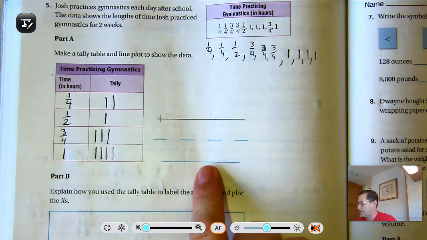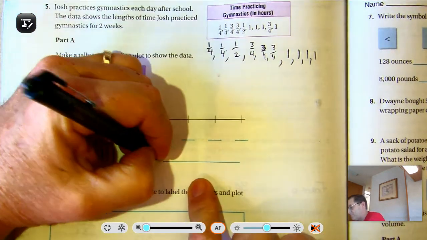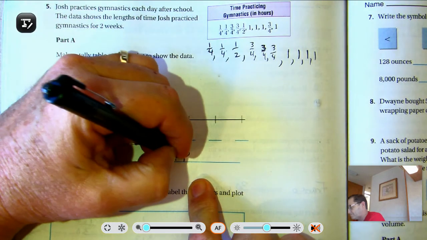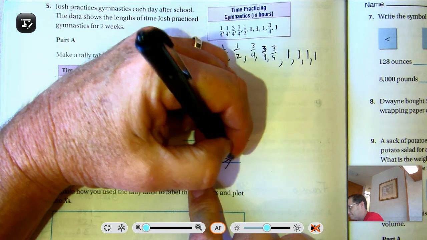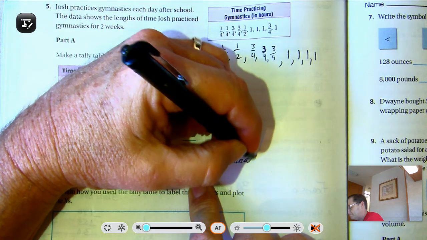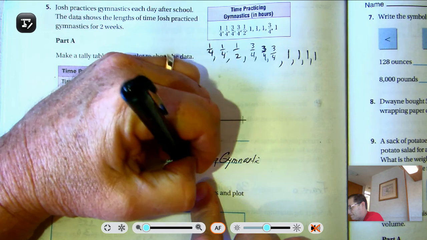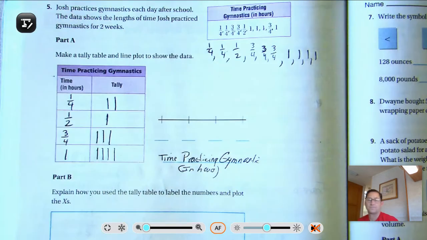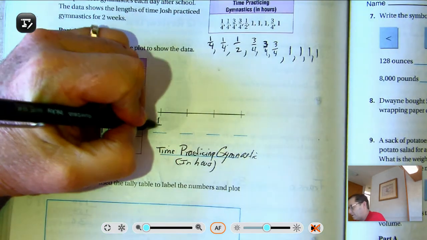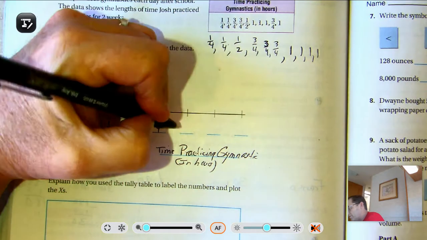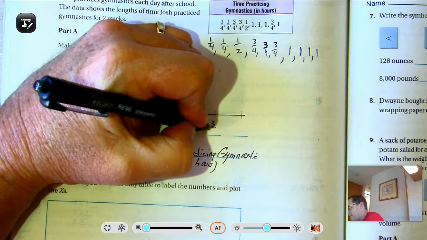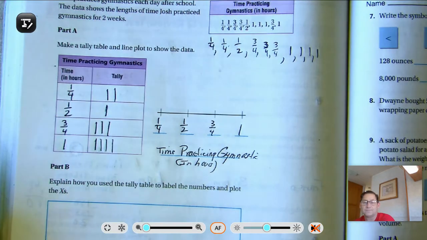Okay, so the title of our line plot is Time Practicing Gymnastics. In hours. And our lines will be in sequential order: 1/4, 1/2, 3/4, 1.